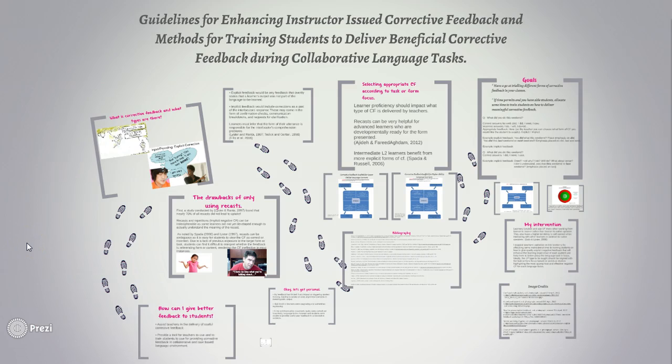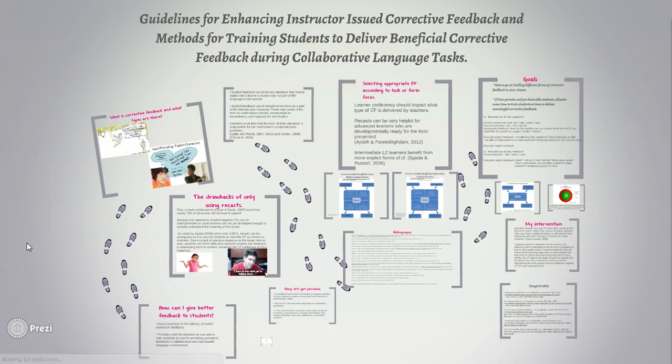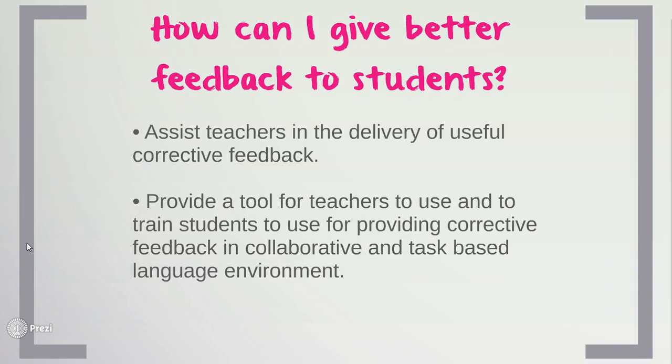Okay, so the goal of my intervention and essay was to inform language teachers of the various types of corrective feedback that could be used with learners throughout language teaching and activities occurring within the classroom. To accomplish this, I adopted Van Leer's expanded model of the ZPD, Zone of Proximal Development, and modified it as a corrective feedback template that pairs the most effective types of explicit and implicit corrective feedback with the language form being practiced in the classroom.